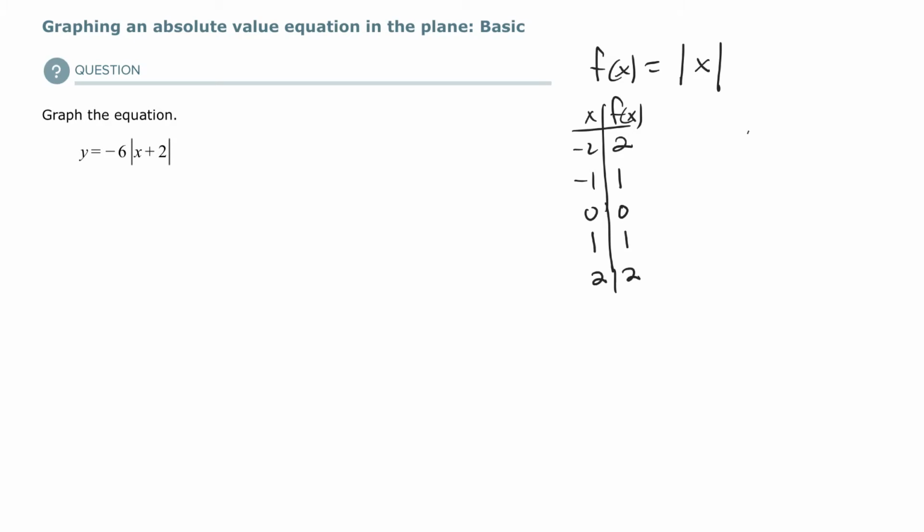You have to remember, this actually graphs a what? If you put those ordered pairs, 1, 1, 2, 2, it actually graphs a piecewise function in two pieces.